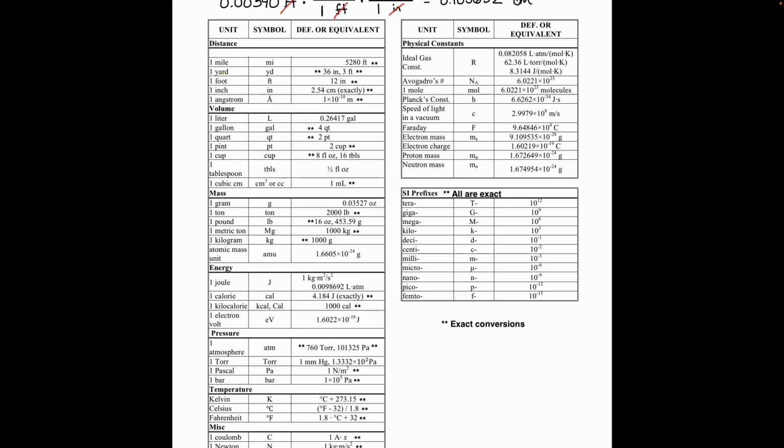So we would use a different prefix to talk about things that are very small than we would use to talk about things that are very big, all right? But also we can convert between our different units that we use for distance, volume, mass, and even energy and pressure by using this constants page here, right? Where we grab this entry and build our conversion factor. Every conversion factor you could take or flip upside down depending on what you need to do with your units.